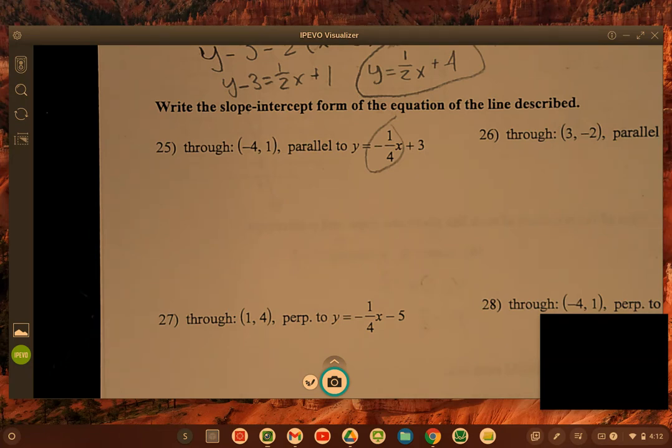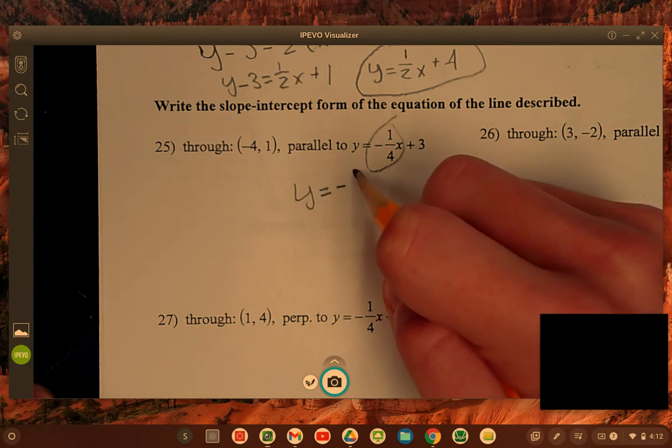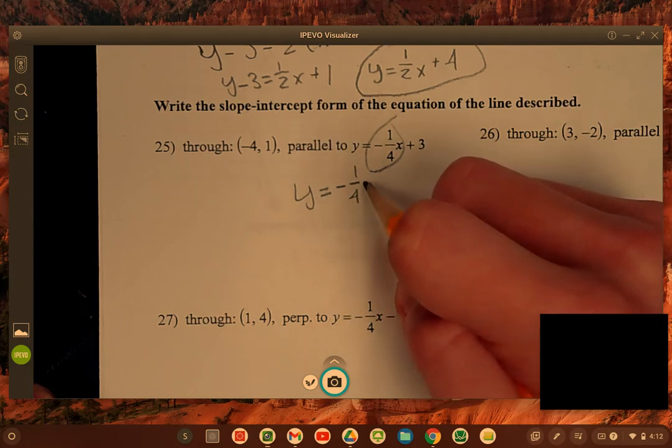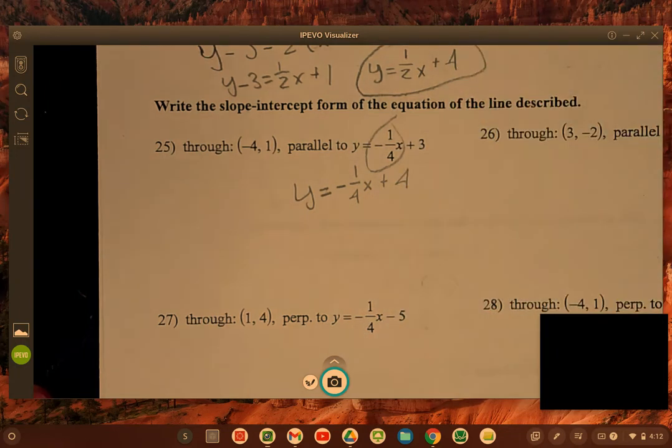That's all you need. It would just be y equals negative plus. Why did you choose a 4? Because it's not a 3? Yeah, but how do you know that it goes through that point?